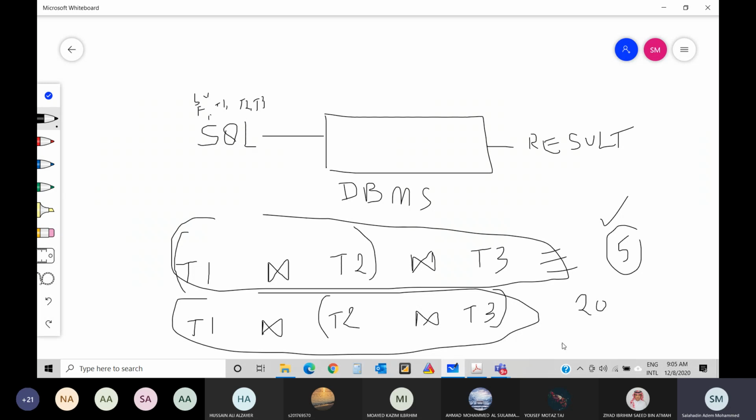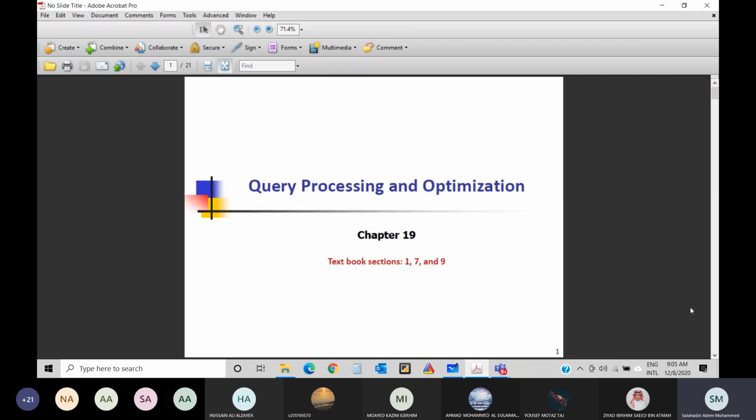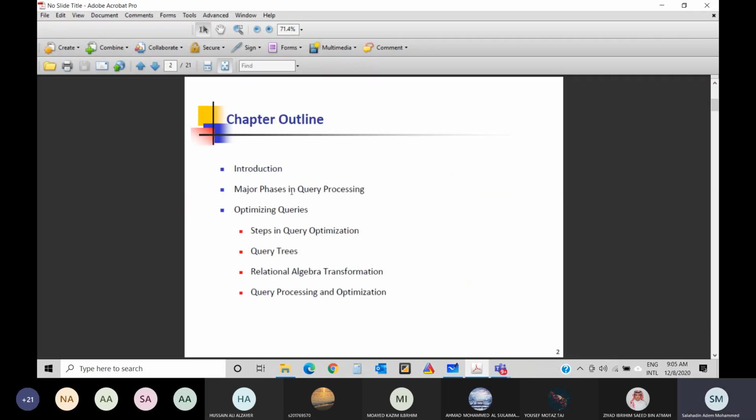Yes. Very good, excellent. So first of all, let's go step by step through what happens inside the DBMS when I write my SQL statement. First of all, I'm going to give you an introduction, which I already did. Then I'll talk about the major phases in query processing. What it means is what happens here.